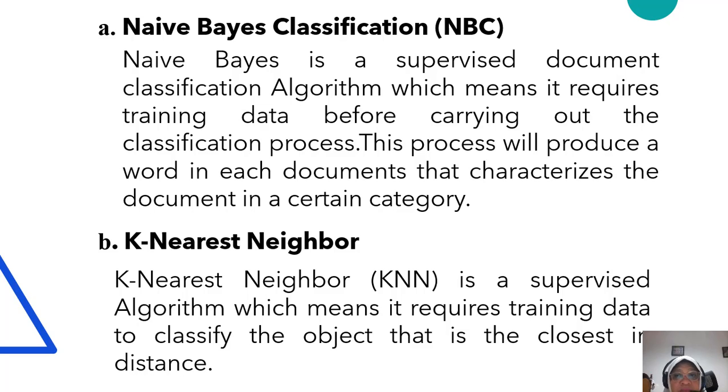This process will produce the words in each document that characterize the document in a certain category. K-Nearest Neighbor, or KNN, is a supervised algorithm which means it requires training data to classify the object that is closest in distance.